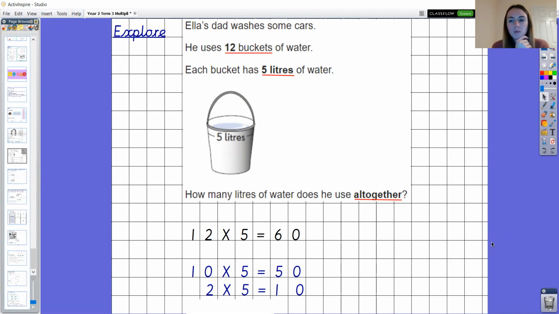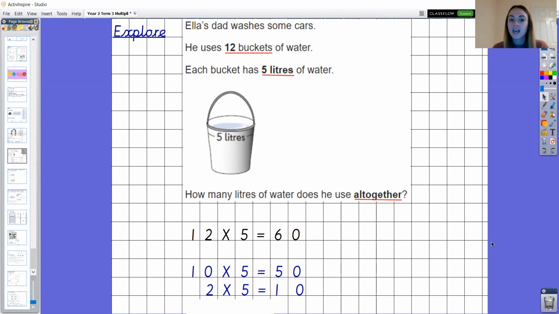Brilliant. So how might we answer this question using our words to say it in a full sentence, just like we would write it in our book? The question is, how many litres of water does he use altogether? Brilliant. Now, he is Ella's dad. So let's use the words Ella's dad and answer in a full sentence.